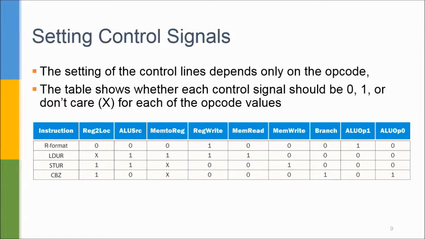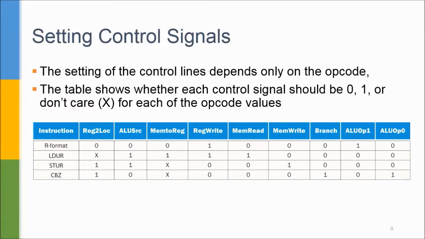The second and third rows of this table give the control signal settings for load and store instructions. The ALU SRC and ALU OP fields are set to perform the address calculation. The memory read and memory write are set to perform the memory access.